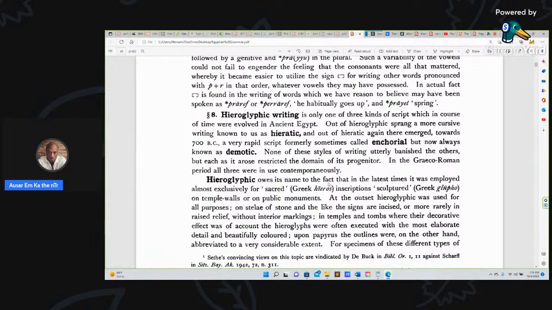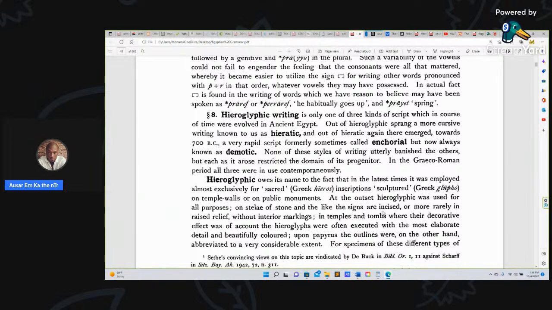Hieroglyphic owes its name to the fact that in the latest times it was employed almost exclusively for sacred Greek hieros inscriptions, sculptured Greek glypho on the temple walls or on public monuments. At the outset, hieroglyphic was used for all purposes, on stelae of stone and the like.